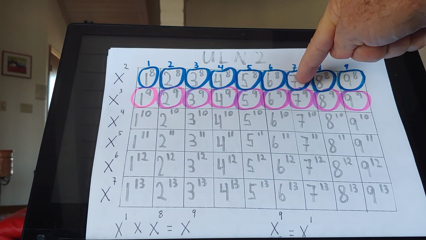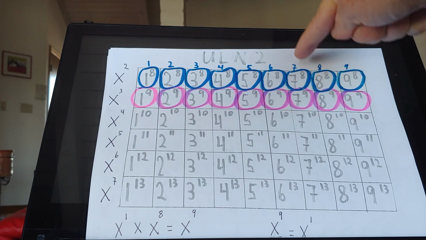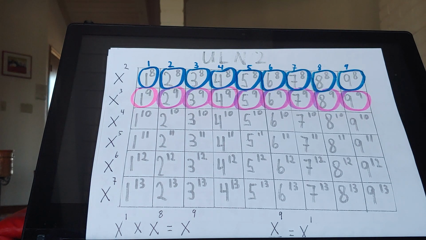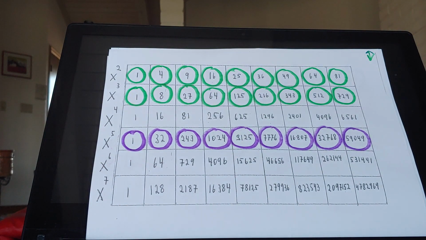7 times 7 to the 8th is 7 to the 9th. 7 to the 9th divided by 7 to the 8th is 7, because 7 is 7 to the 1. So it's going both ways. Now we know that in mathematics we have reversible operations, inverses of each other, such as subtraction next to addition, such as multiplication next to division, such as derivatives and antiderivatives, or the integrals.